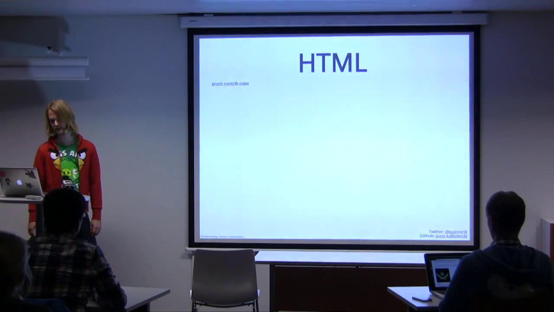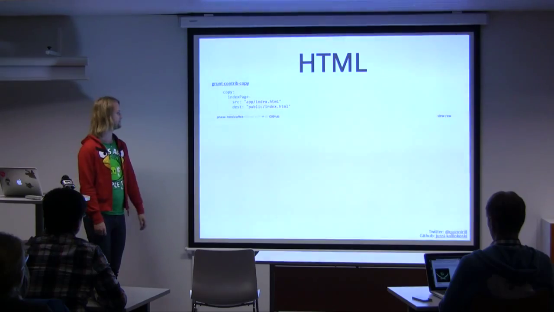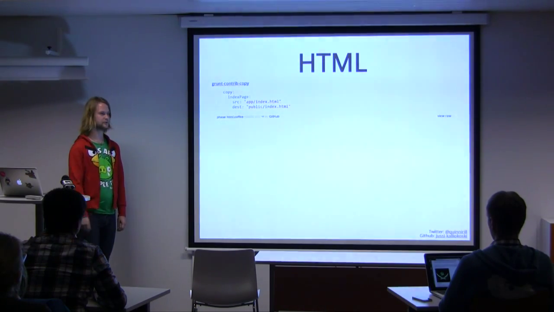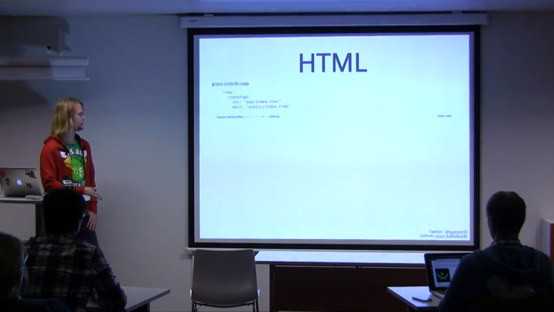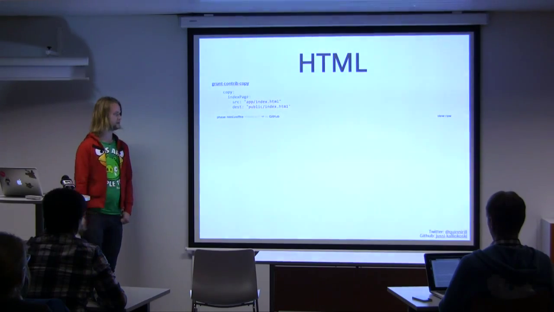And then we have HTML, where we just copy our index.html from the app folder to our public folder. Why we want to copy this to the public folder, I'll come back to that later.